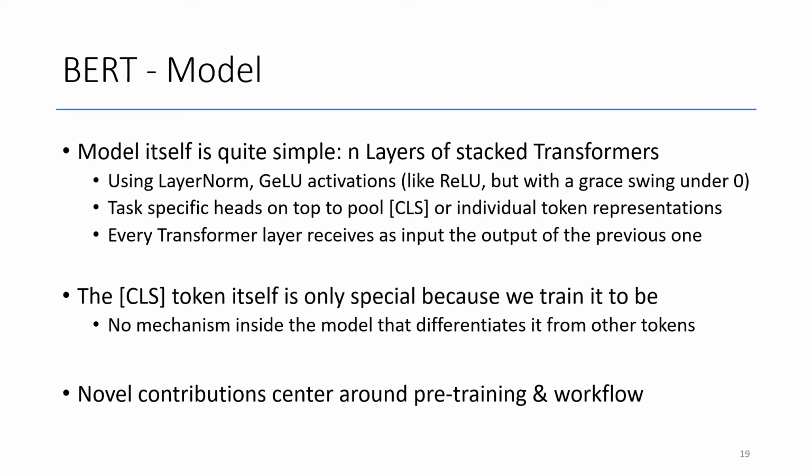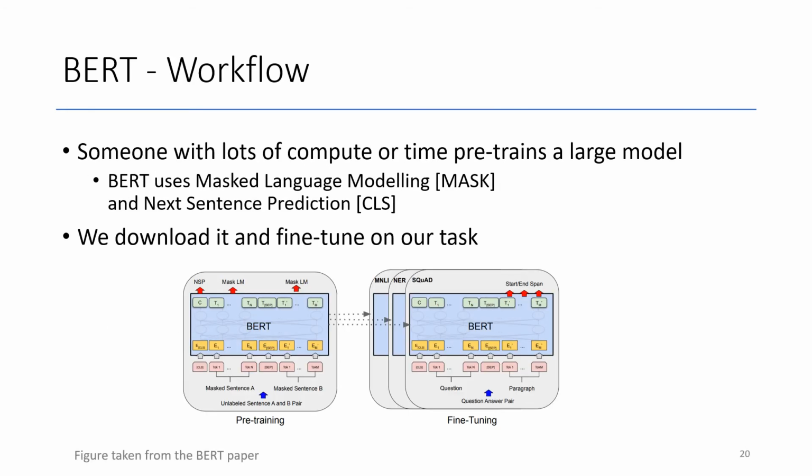And in my opinion, most of the novel contributions in the BERT model center around pre-training and especially the workflow of how other people then build up and interact with the model. The workflow is pretty simple. Someone who has a lot of hardware pre-trains the model on a combination of masked language modeling and next sentence prediction.